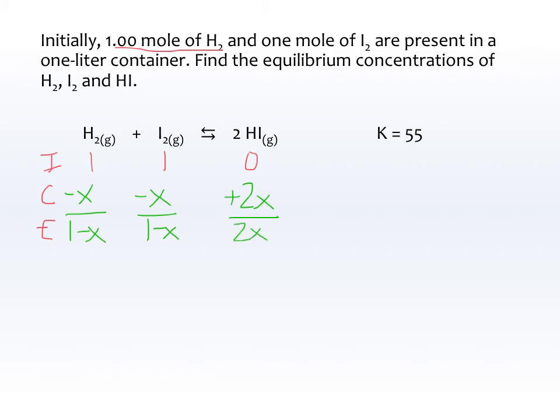Now we're going to plug that into our K equals expression. K equals HI squared over H2 times I2.